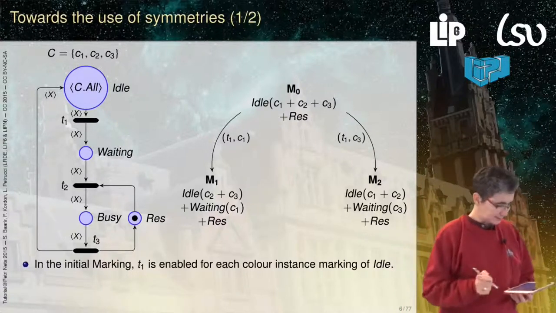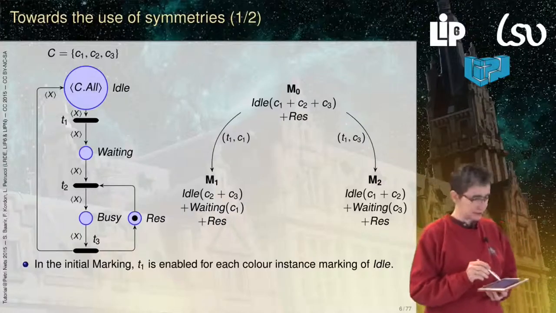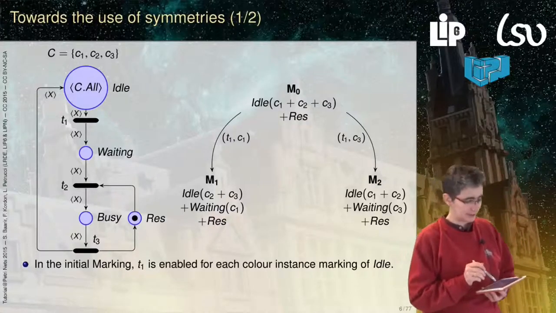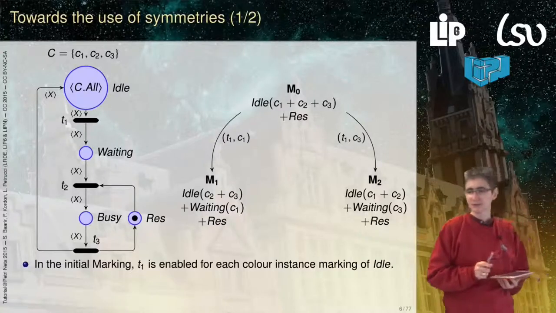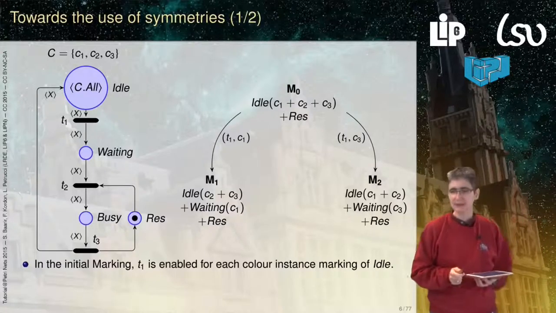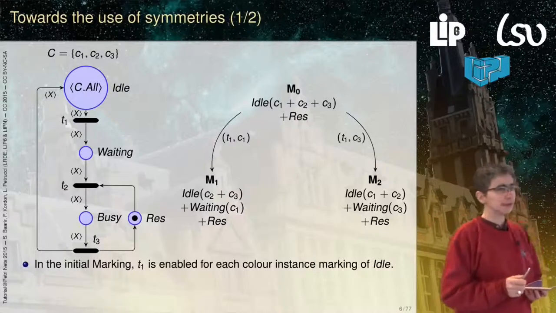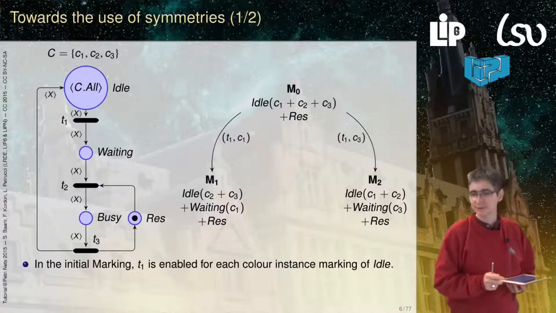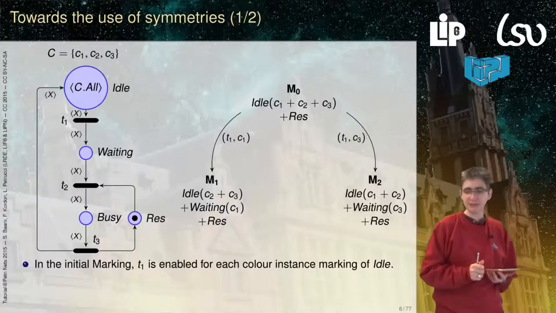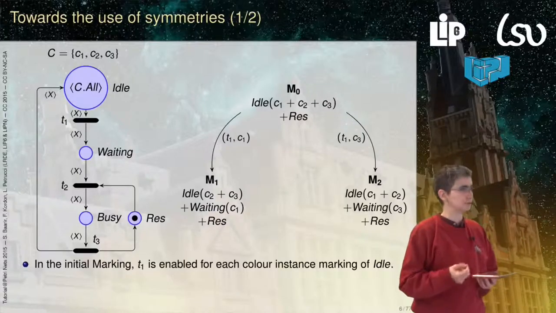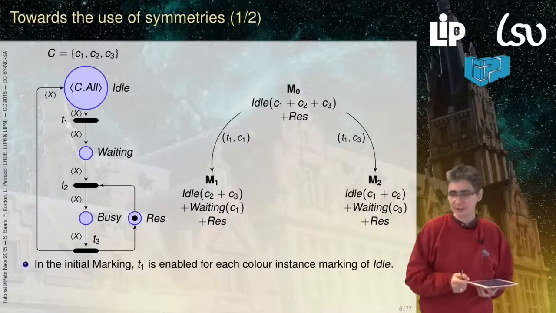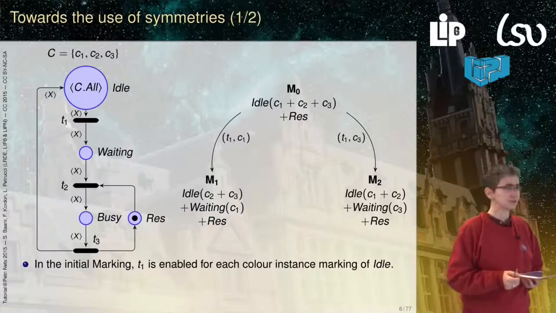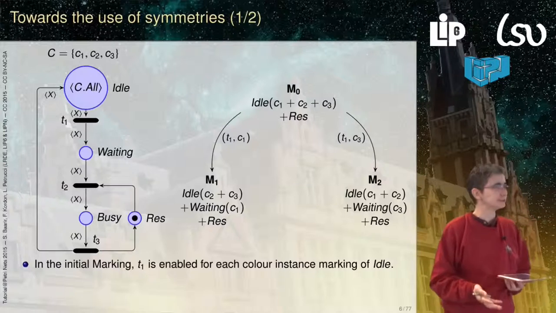Okay, they are very similar in the sense that initially we have in idle place the three processes, and we have the resource, and in markings M1 and M2 we only have two processes remaining in idle. The one we have chosen to fire the transition is now in waiting, and we have the resource as well. So they have a very similar structure.